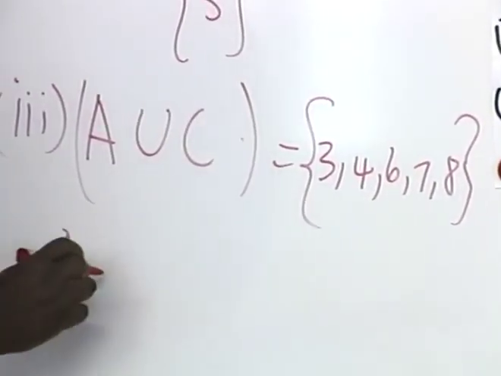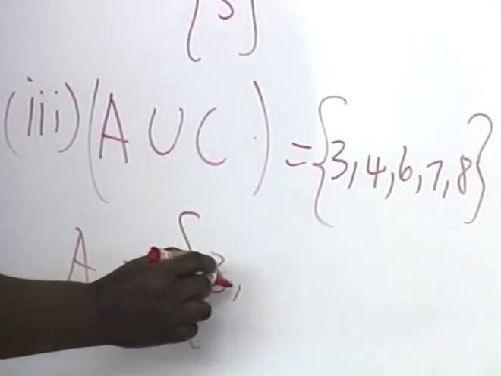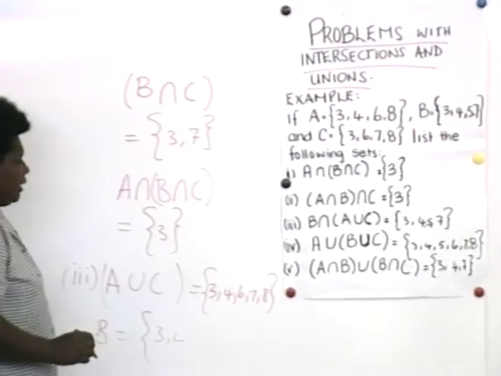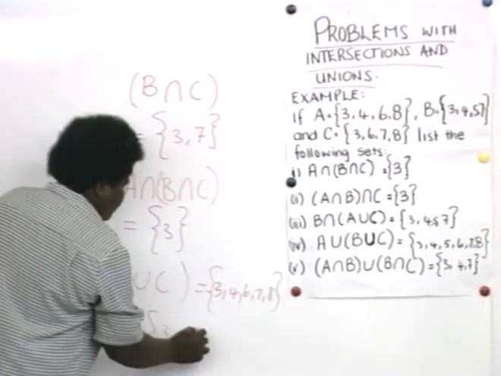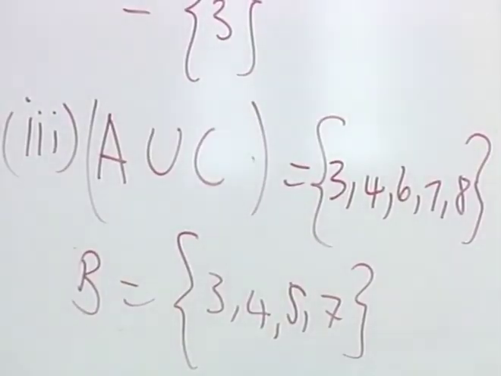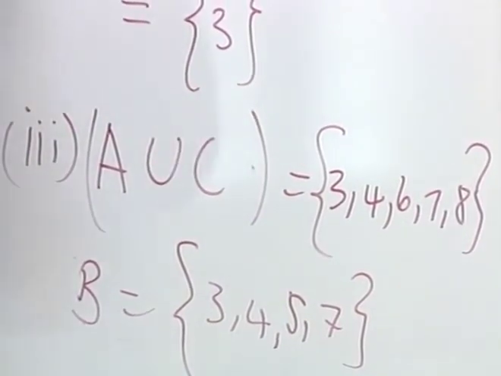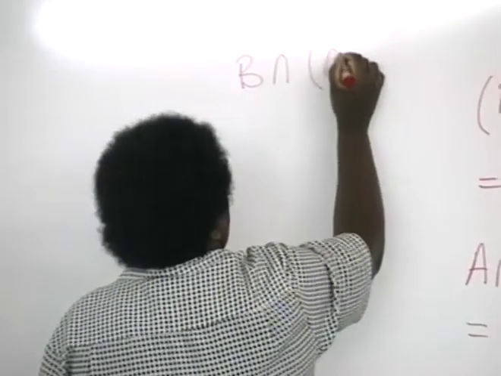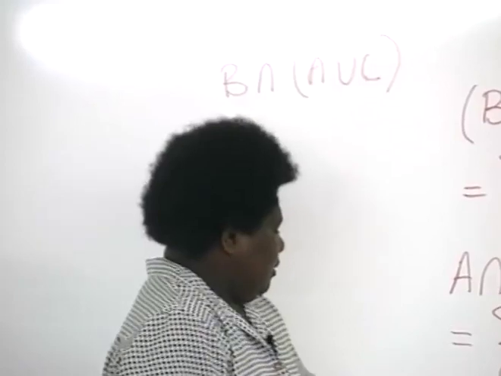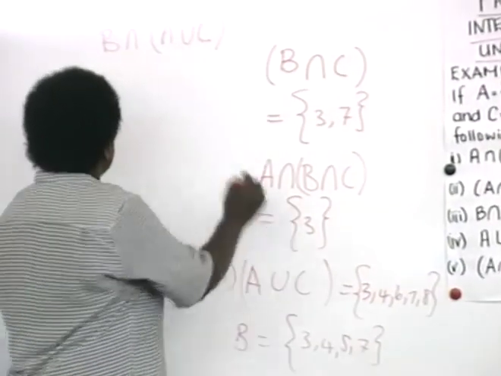B has the numbers 3, 4, 5, and 7. We have to find B intersection A union C. We've got 3, 4, 5, and 7, and 3, 4, 6, 7, and 8. The answer will be 3, 4, and 7.